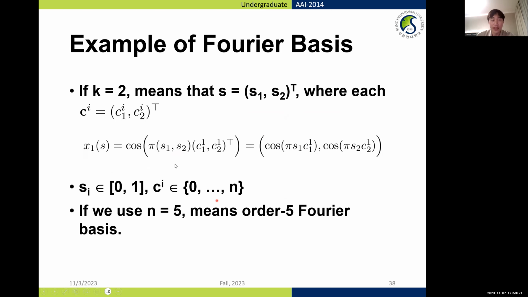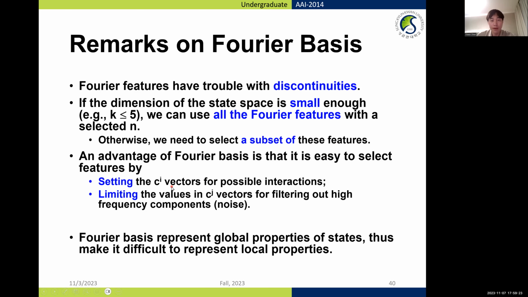That means if you have knowledge of some particular setting or problem, you can use that part as the component to introduce this interaction. If you know that some of those high frequency components are not useful, you can just limit the value, make it become 0. So we will not consider those parts.